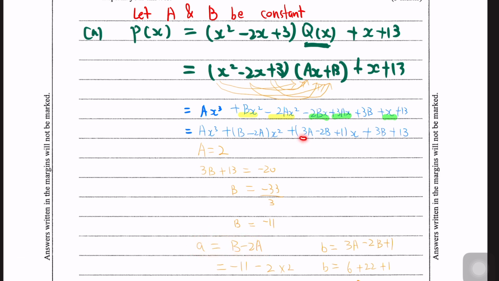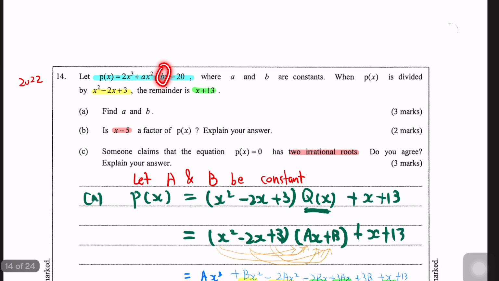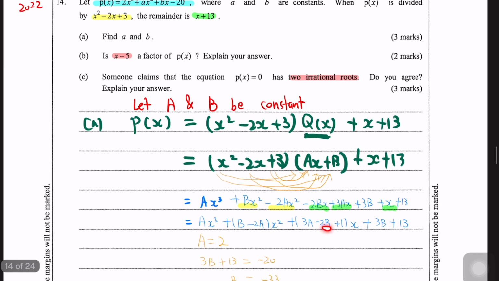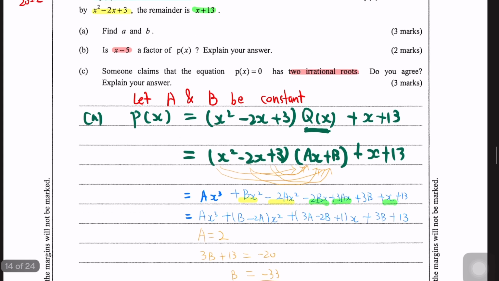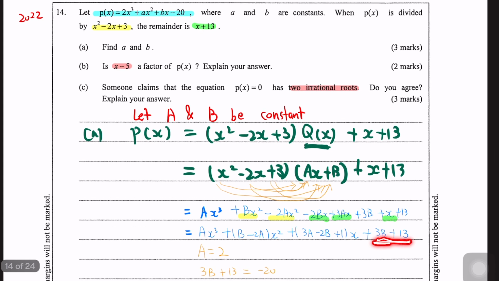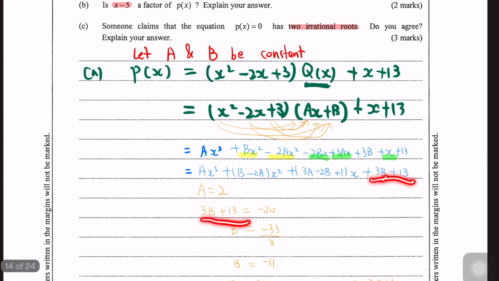And then 3a minus 2b plus 1 equals b. And the final constant, 3b plus 13 equals negative 20. So from this term, we can solve b, and b equals negative 11.